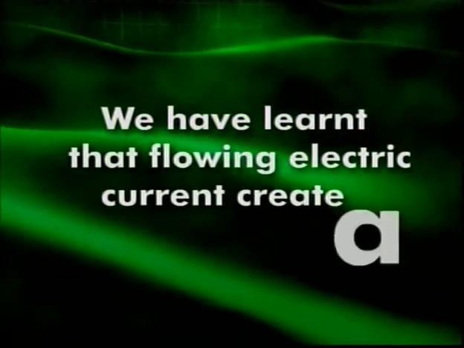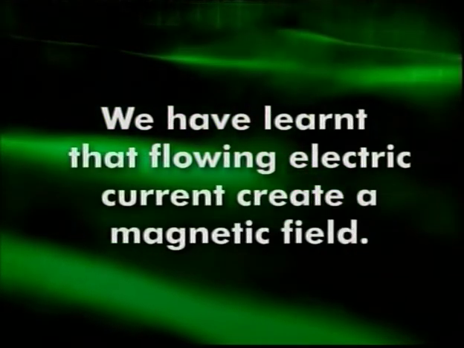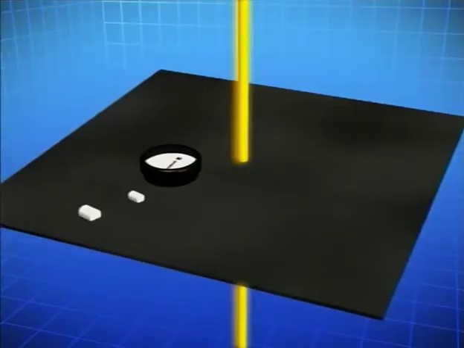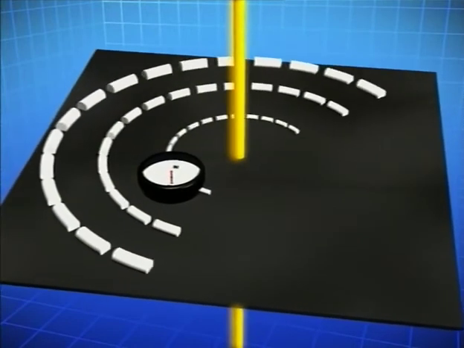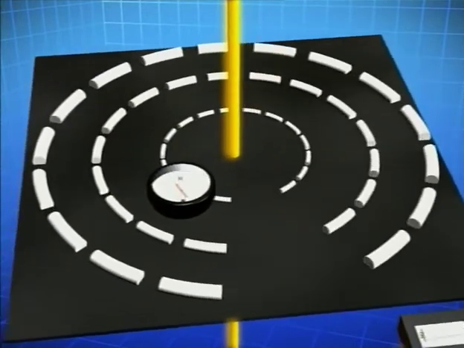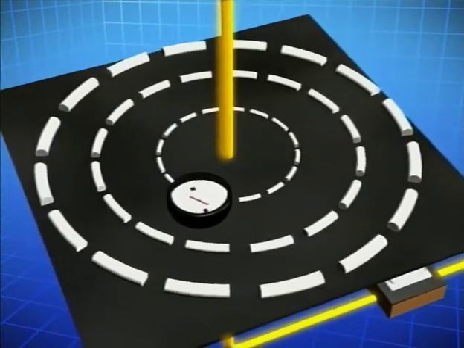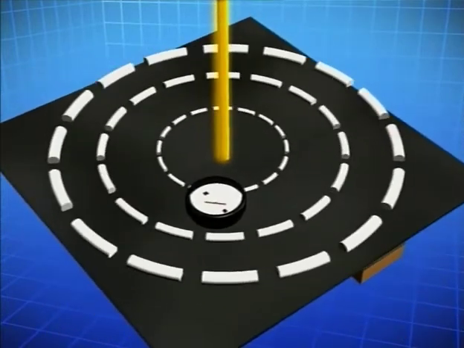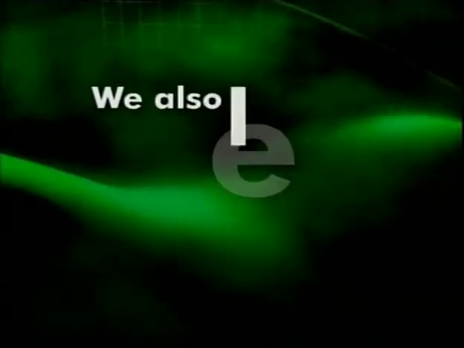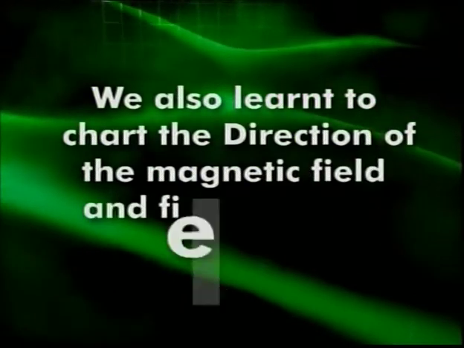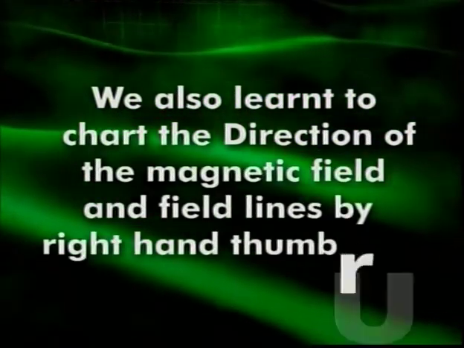In our lesson today, we have learned that flowing electric current creates a magnetic field. We have also learned to chart the direction of magnetic field and magnetic field lines by the right hand thumb rule.